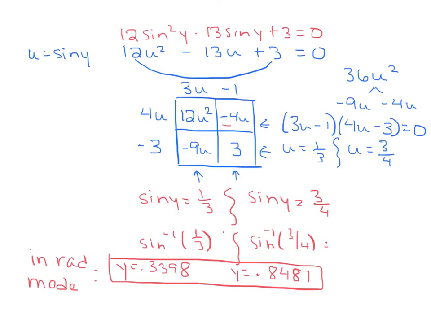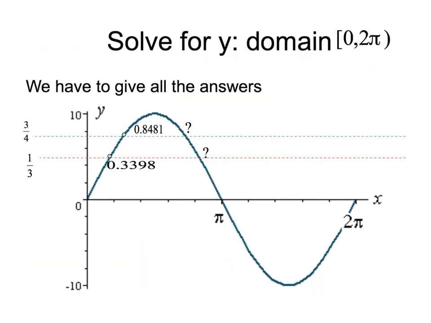So let's go look at a picture. So here's the graph of sine, and you can see where we get about 1/3 and 3/4, and sure enough, there are other spots where this happens. Right over here and right over here.